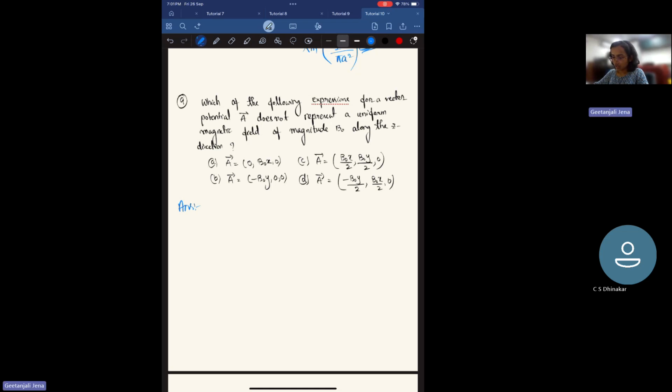Option B. No, I think it's option C. Option C is the answer. So it's given which of the following is not giving a uniform magnetic field along the k direction. So that means which of these following is not satisfying this?